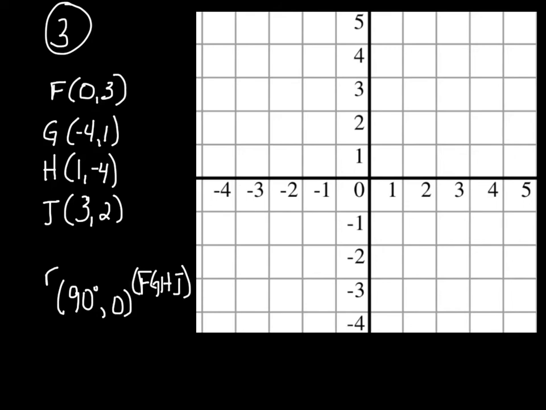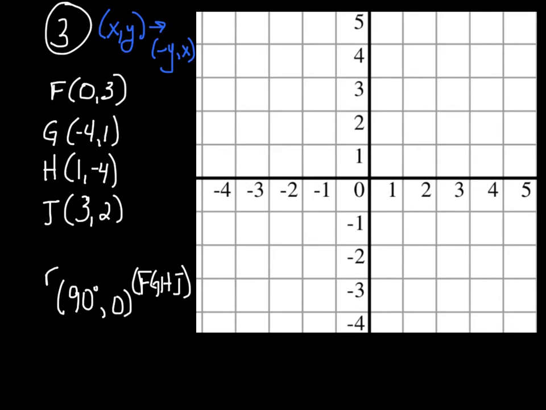I've already written the ordered pairs for each of these points off to the left of this graph, so it's easier to look at. If you look at your key concept, a rotation of 90 degrees means (x, y) becomes (negative y, x). So we flip them around and the first one becomes the opposite.